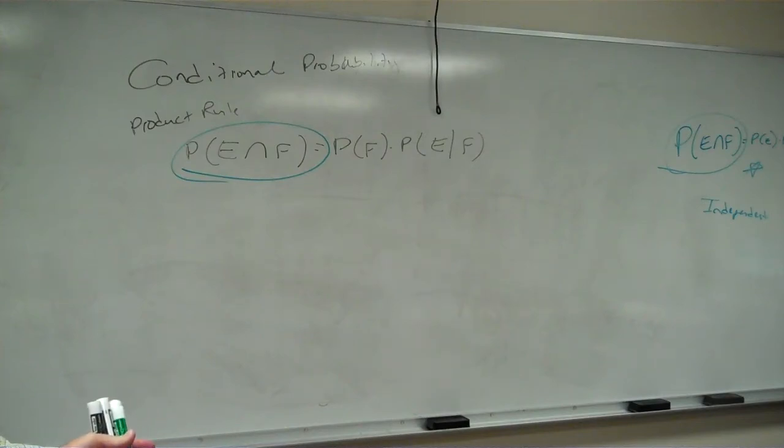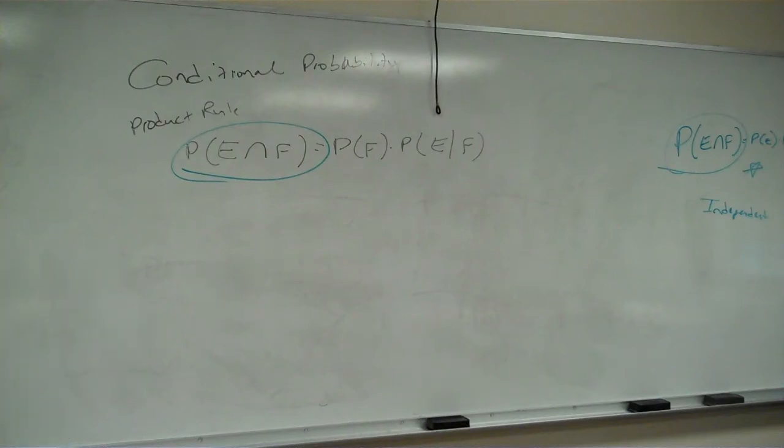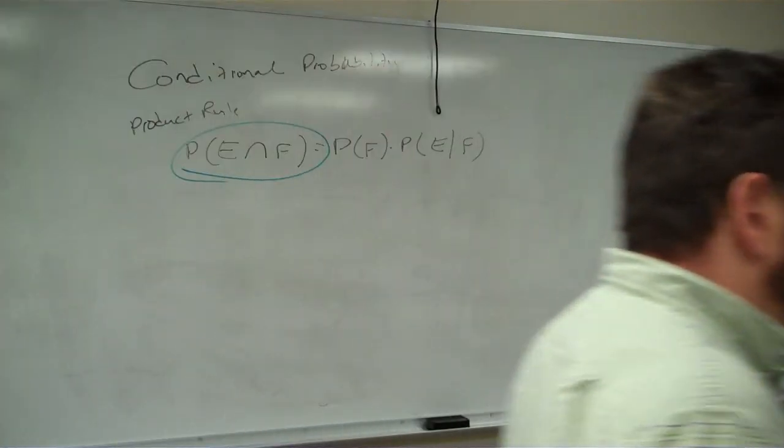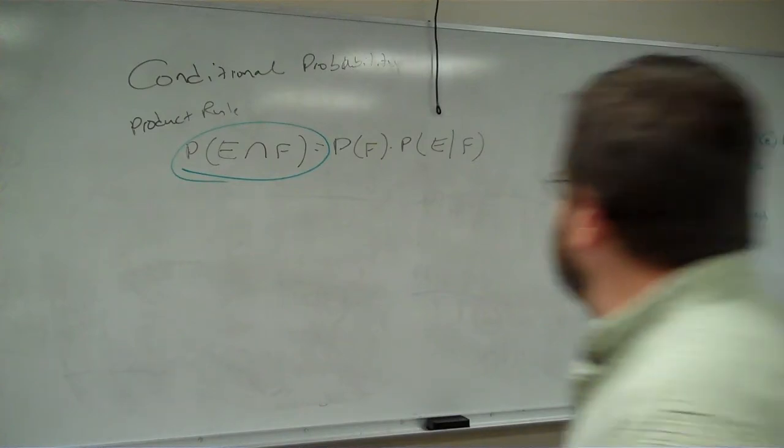Right? I was a whole lot more likely to pick New York as my second city if I had Chicago as my first city than if I picked New York as my first city. In fact, there was no chance of picking New York as my second city if I had already picked it for my first city, right? They're not independent. Lots of things aren't necessarily independent.